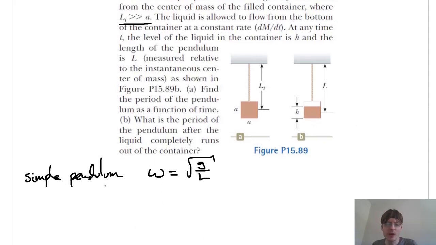First, let's write down how the mass changes. We're told that the mass drains out at a constant rate. Okay, that means that the mass of liquid that's in there is going to be the initial mass, the amount of mass at the beginning, call it m naught, minus the rate times time.